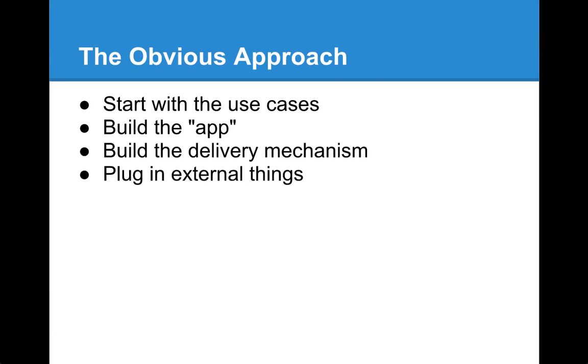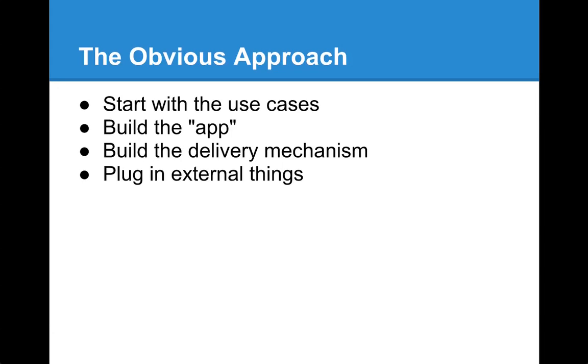So, a little bit about how you would build an app with Obvious, and these sort of guidelines work for all Obvious apps really, is you want to start with the use cases. You want to start with what the application needs to do, what makes it interesting, and then you build the app portion of your project.